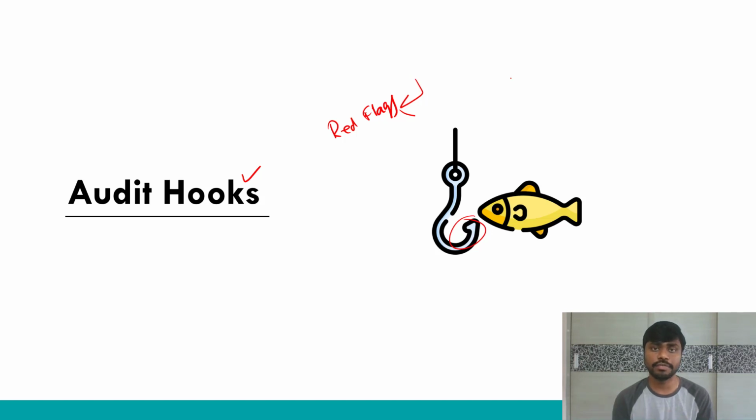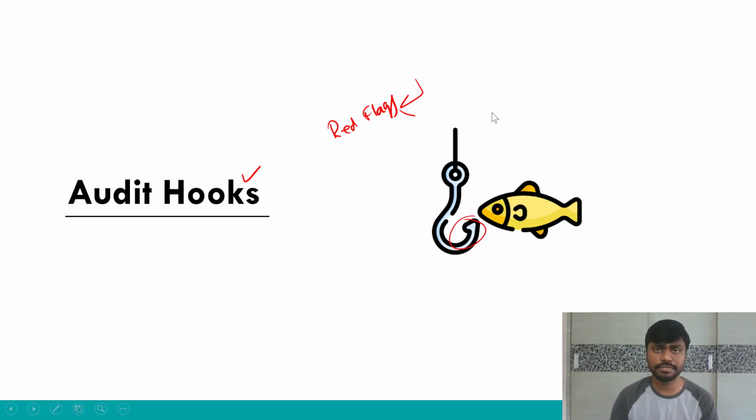Once the auditor gets a notification on his terminal, he will quickly check the transaction. It's a good tool because the alert happens at the same time the transaction happens, unlike other cases where deviations are recorded in a separate file and the auditor has to come and review. So this is what an audit hook is.